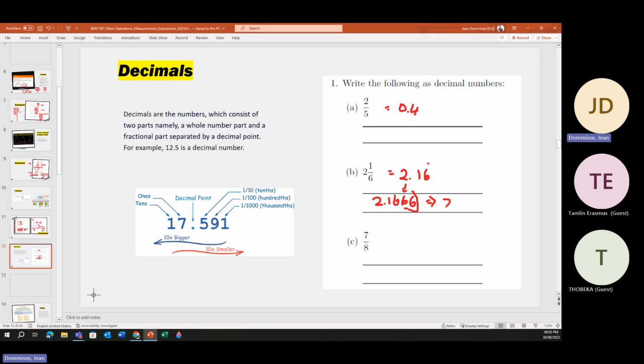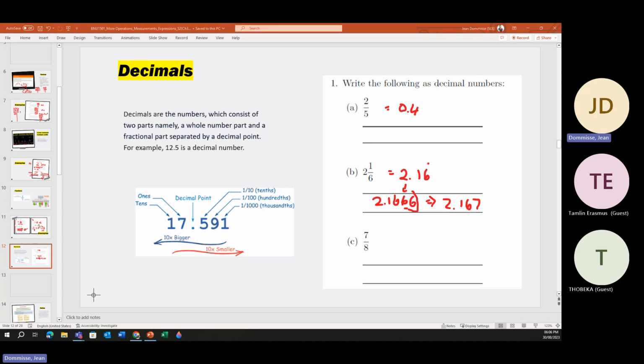So if we round it off to 3 decimals, our answer will look like this, 2.167. You can also, on your calculators, change your calculator so that it only looks at 3 decimals.